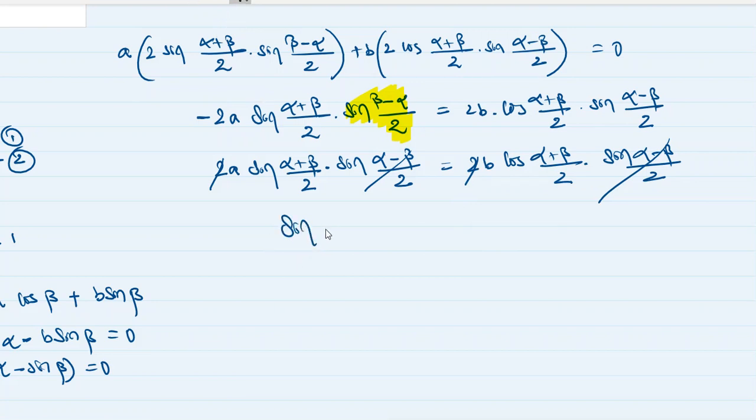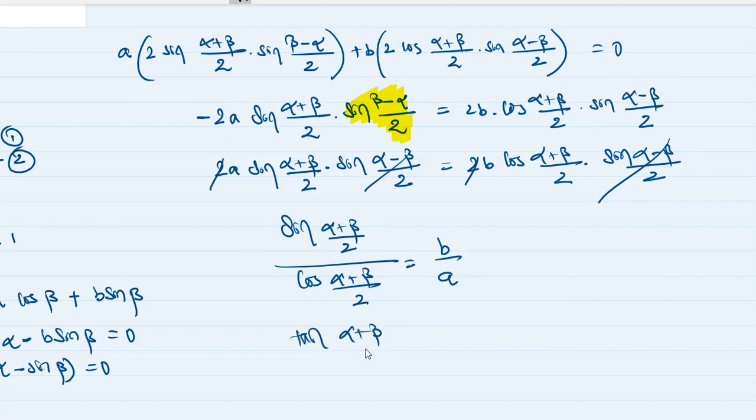So sin((alpha plus beta) by 2) upon cos((alpha plus beta) by 2) is equal to B by A. So that is tan((alpha plus beta) by 2) is equal to B by A.